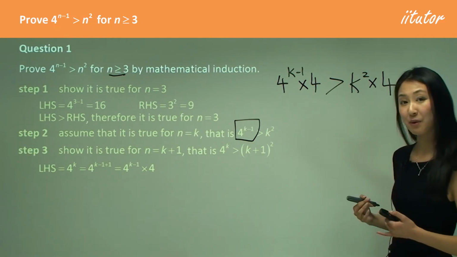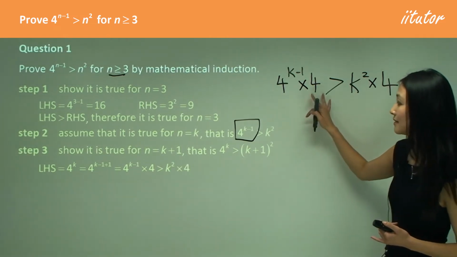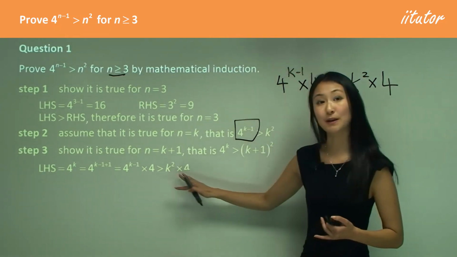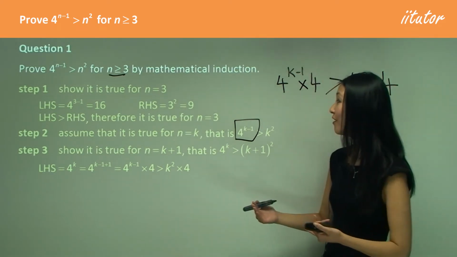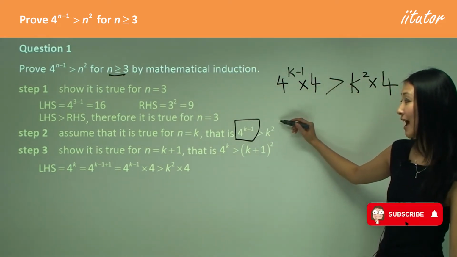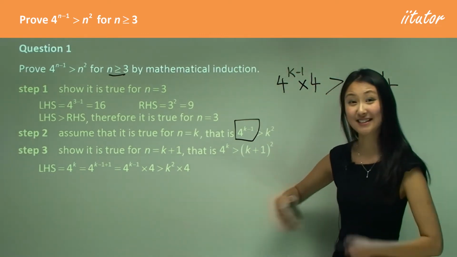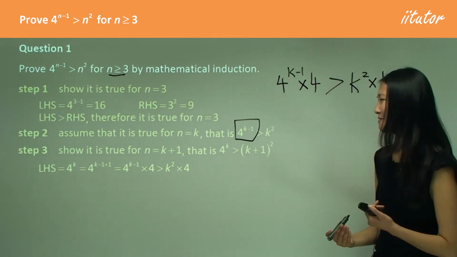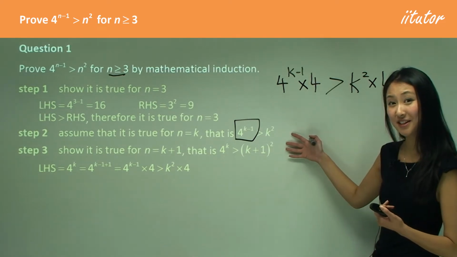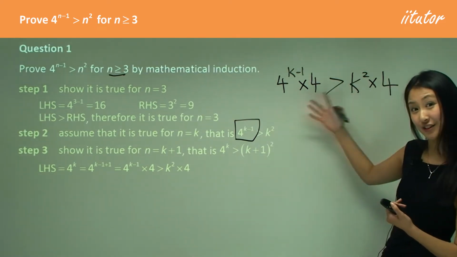And that's exactly what we've done here. We've used this to say that this must be greater than that based on the assumption that 4 to the power of k minus 1 is greater than k squared. So this is the first difficult part that students struggle with, which is how do we even use this assumption? And that's just by balancing those two sides.